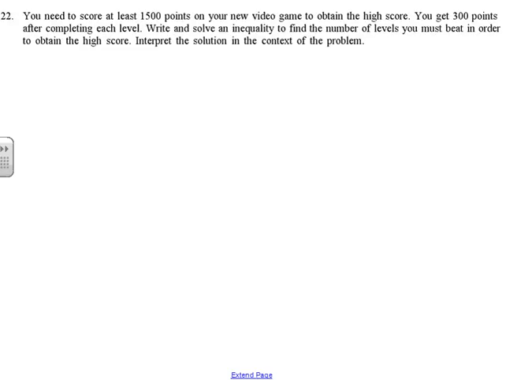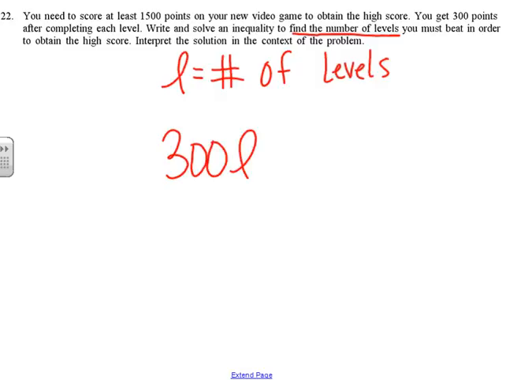All right, next one. You need at least 1,500 points to obtain a new high score. You get 300 points. Write and solve an inequality to find the number of levels you must beat in order to obtain the new high score. So L is the number of levels. Okay, so it's 300 points per level. So 300 times the number of levels is at least 1,500.